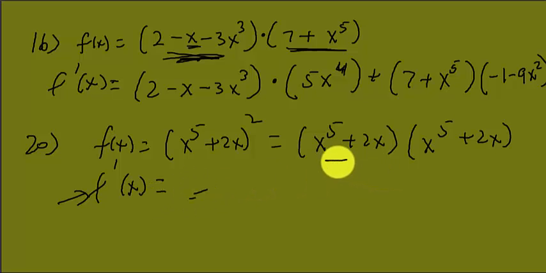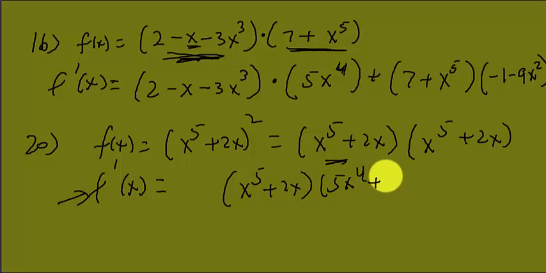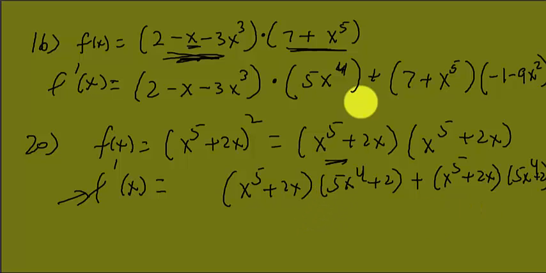First times derivative of the second, so first is x to the fifth. Let me erase that, otherwise you think that's a negative sign. First, x to the fifth plus 2x times derivative of the second, which is 5x to the fourth plus 2, and then plus second, which is x to the fifth plus 2x times derivative of the first, which is 5x to the fourth plus 2. That's done. If you want to simplify, you can.